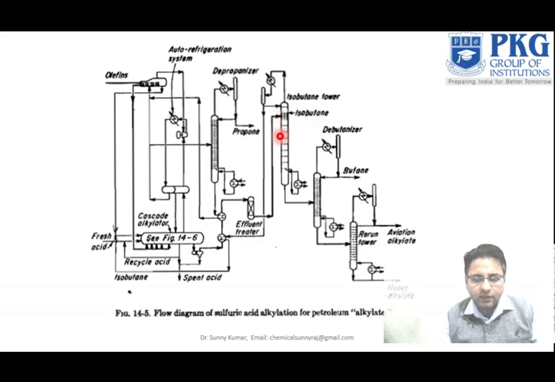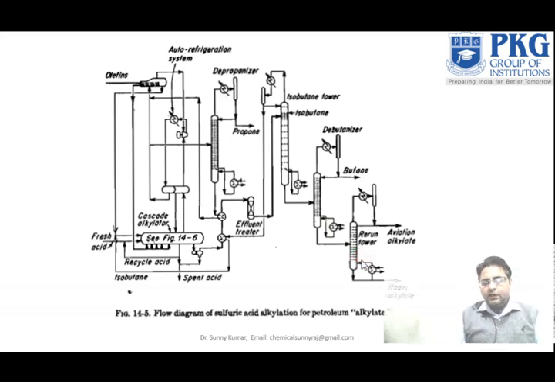So here we will treat with isobutane, and then from the bottom part we will send to the debutanizer. In the previous one isobutane we send, now here we will send butane, and we will collect butane from the top, and then again we will send to the rerun tower.